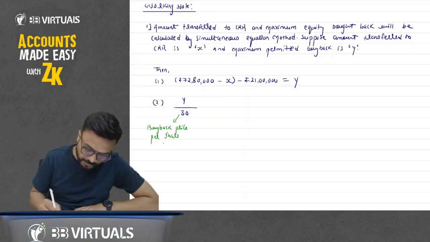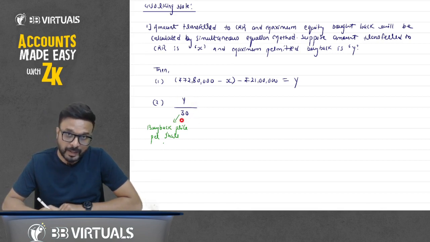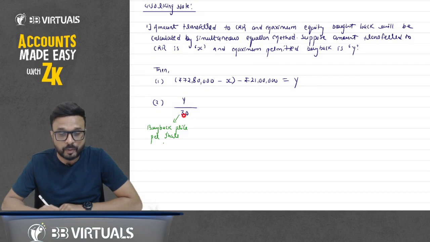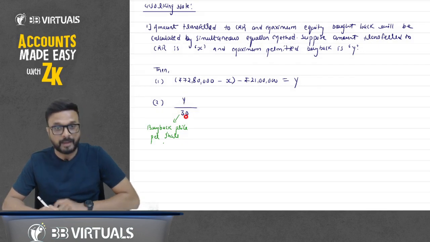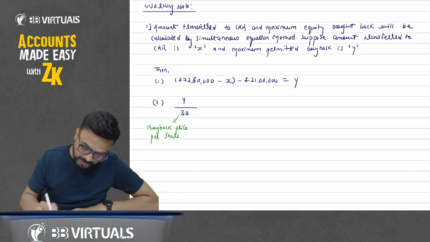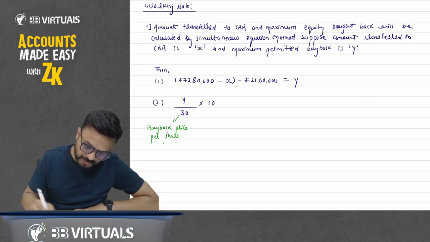So Y divided by 30 is the number of shares of buyback. Now if I multiply it by rupees 10, what is 10? Which is the face value.